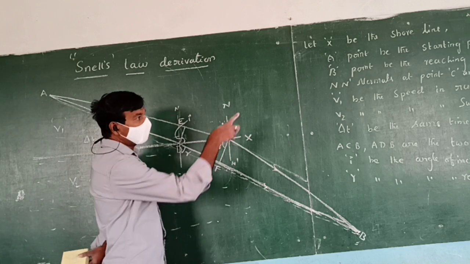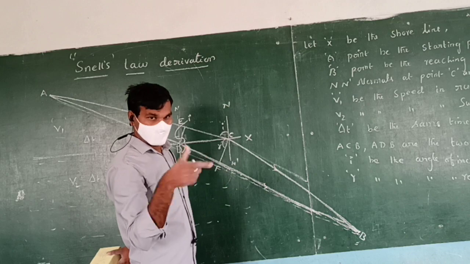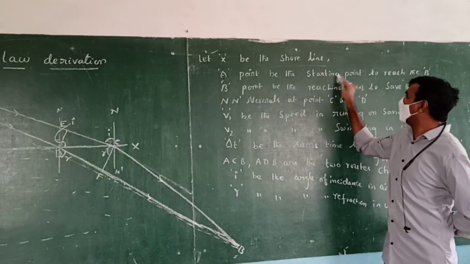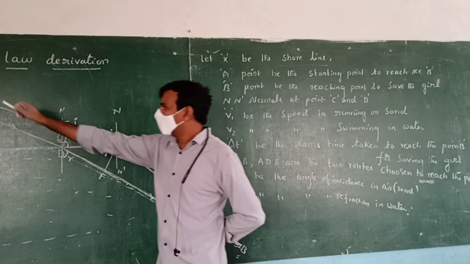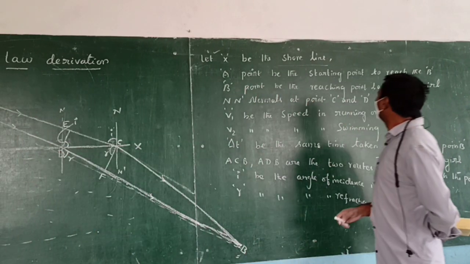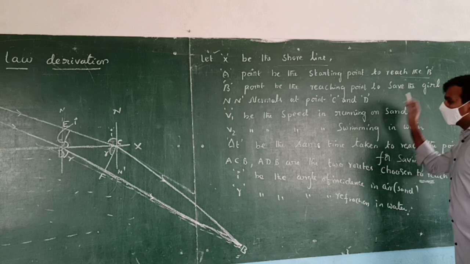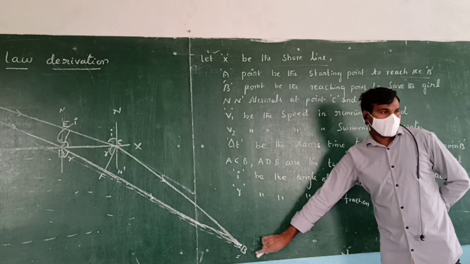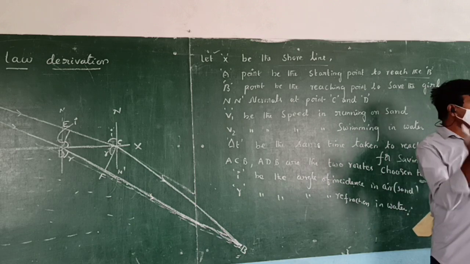Let us see the points here now. A is the starting point to reach point B. At point B, the girl fell out of the boat.